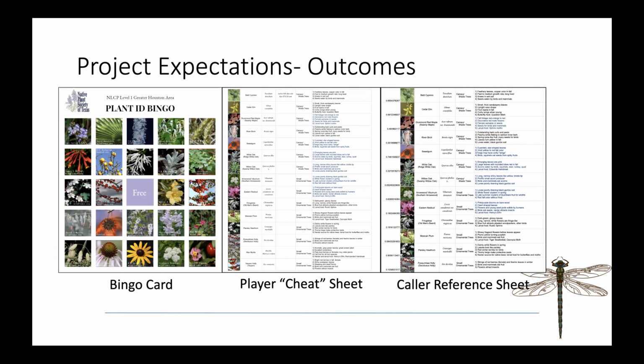All of this is to reinforce learning about the plant and the plant characteristics. And we're going to go through these outcomes with you and how they will be created in this presentation.